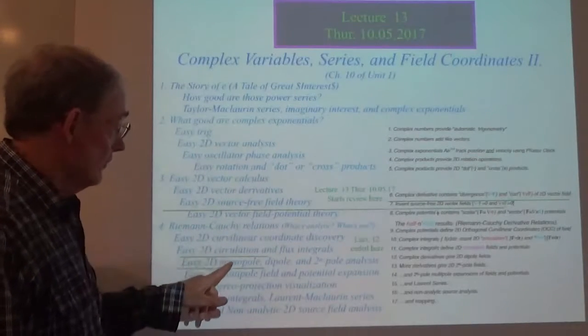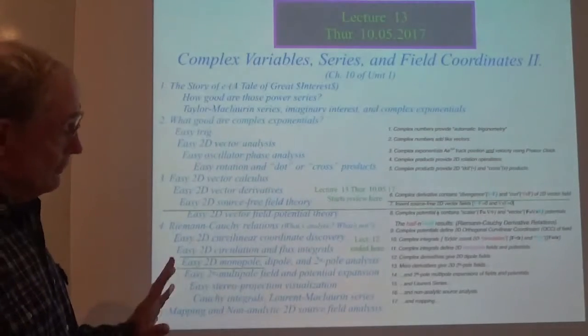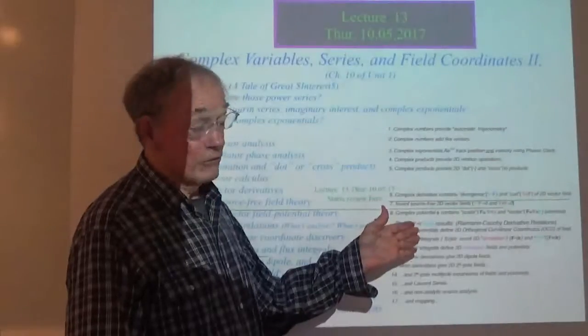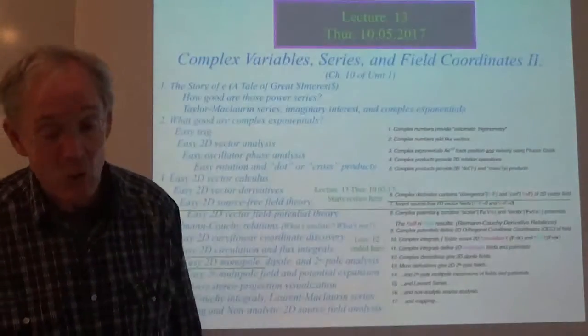We've got a lot of things to look at that are interesting, and I also have to relate the fields that we're working with to some physics that they go with.